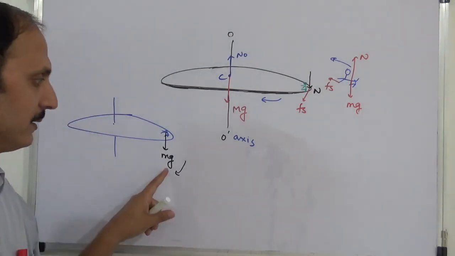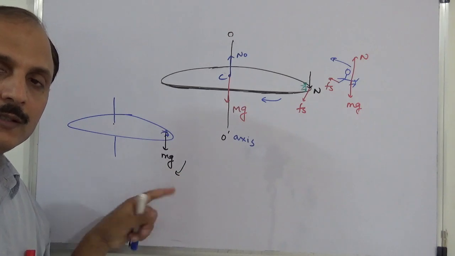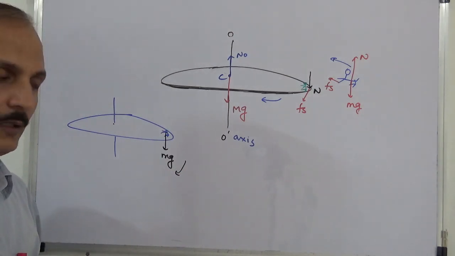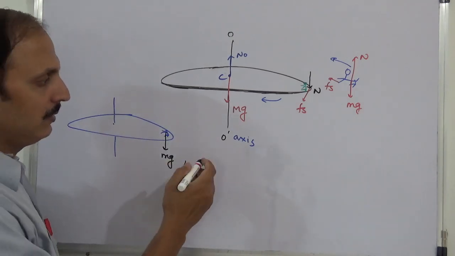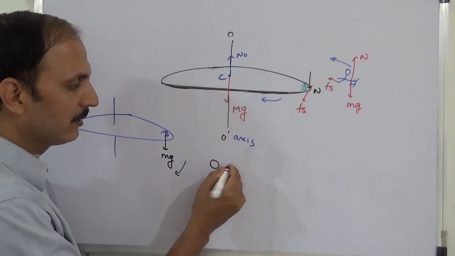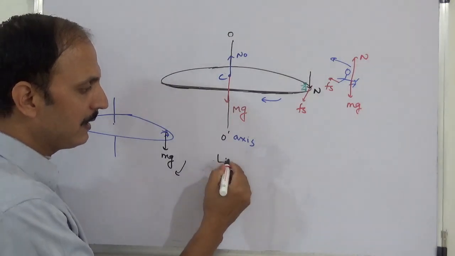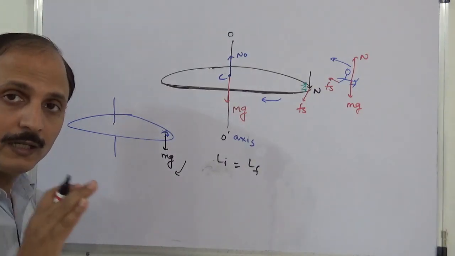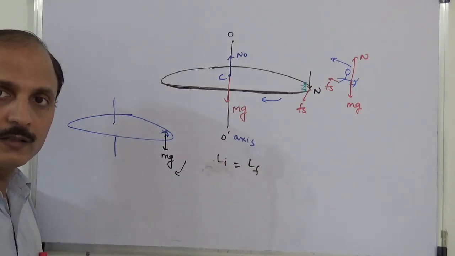So we can neglect this mg. So torque due to this mg can be neglected for the calculation. Okay. So here we can write L initial equal to L final, because torque about O is 0, as we have neglected the mass of the insect.